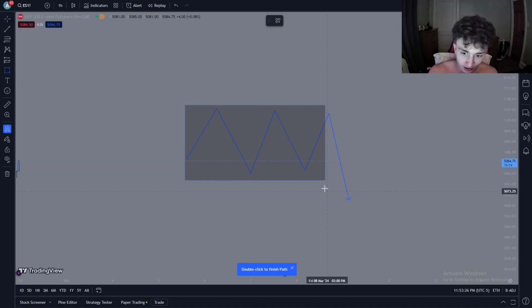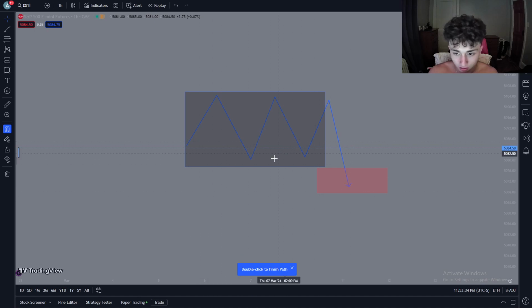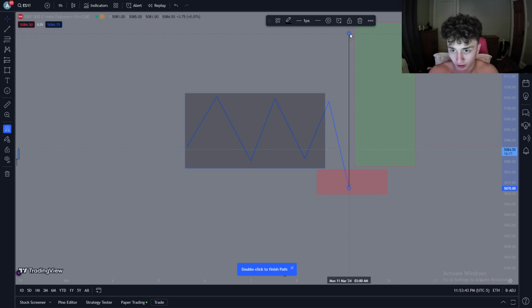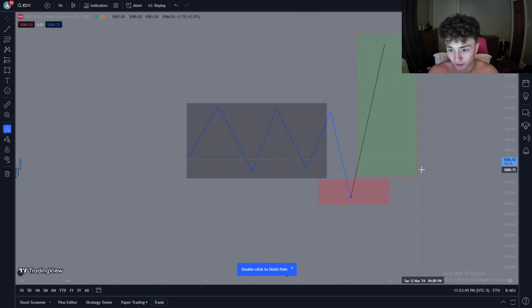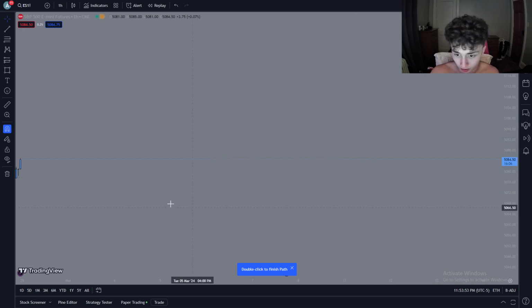And then once it comes down like this and sweeps out this minor sell side, let me make this red, then you can anticipate a distribution move, which you can see in the market literally every day, right? It's a very, very respected concept, honestly, from what I've seen. And so I view the market in that way as well. It just helps so much.